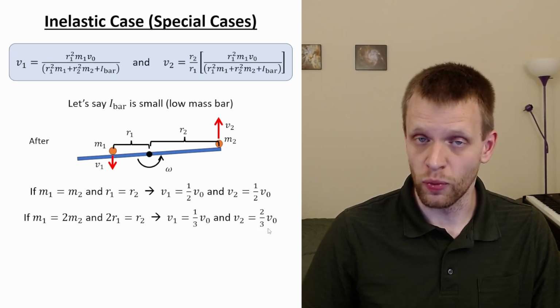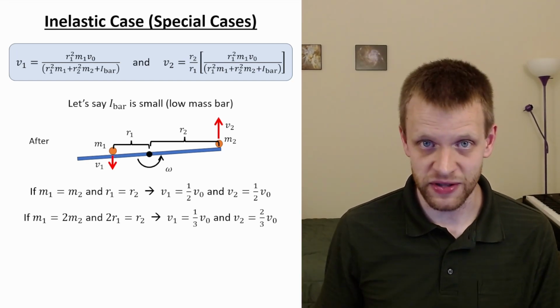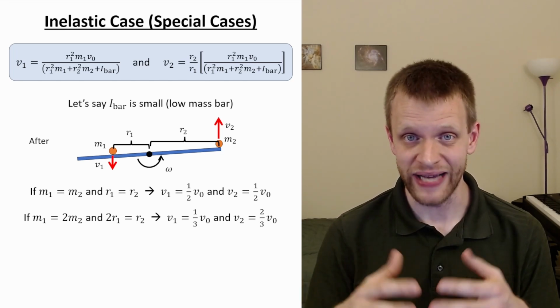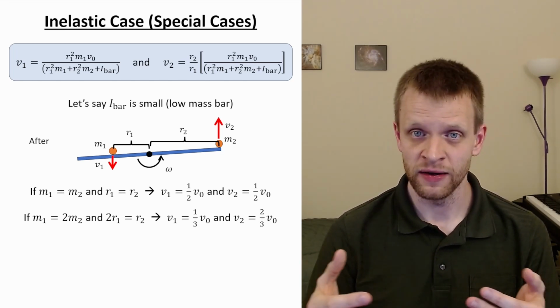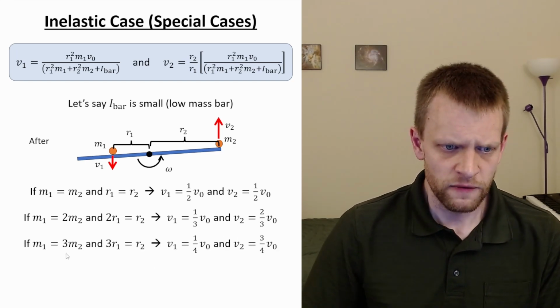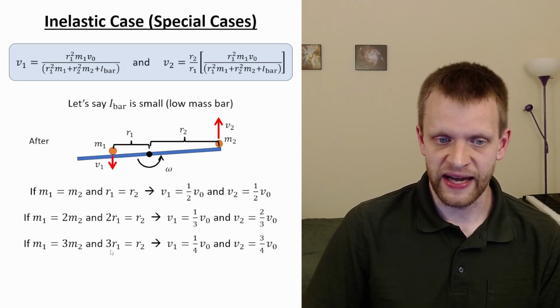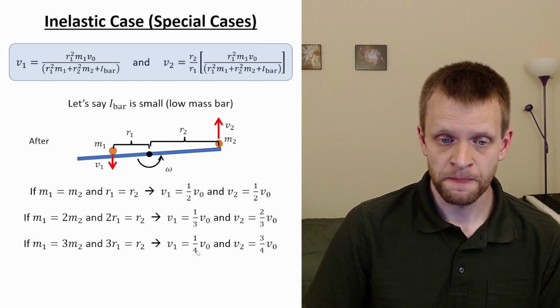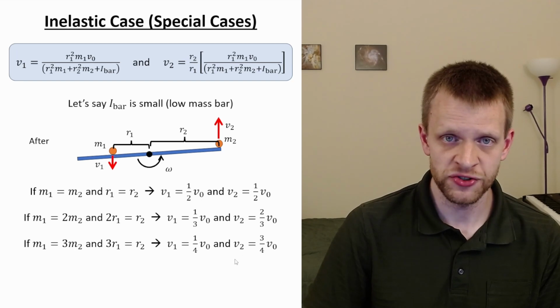That's nowhere near what we're getting for this prediction, so we have different predictions for what should happen to this system. We should be able to gather data and look for which model is better at predicting the motions of this particular system. If we do M2 is 1/3 the mass but at 3 times the distance, we get different predictions for the velocities of object 1 and object 2 afterwards.